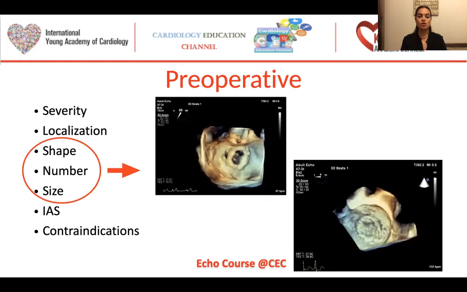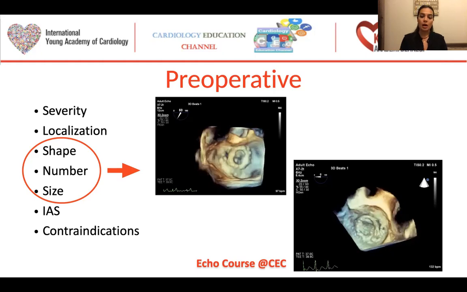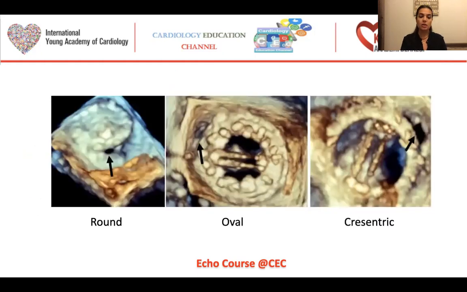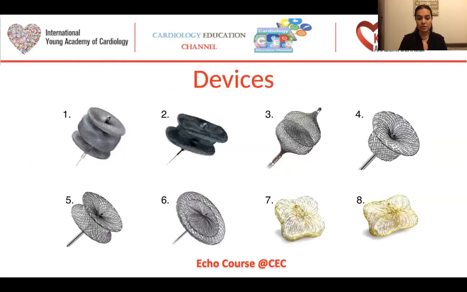When we go with shape, number, and size, they are important to choose the device, how many devices we will use, which shape, and what the size should be. As you can see here, the defect can be round, oval, or concentric. So we cannot use the same devices for the different types of defects.